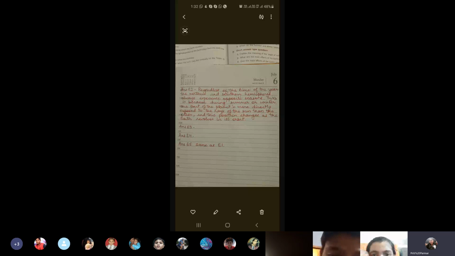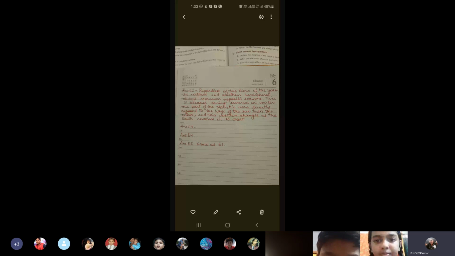This is because during summer or winter, one part of the planet is more directly exposed to the rays of the sun than the other. And this position changes as the Earth revolves on its orbit. This is your E2.